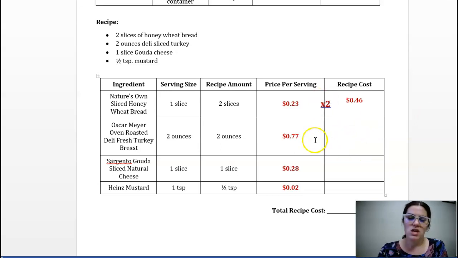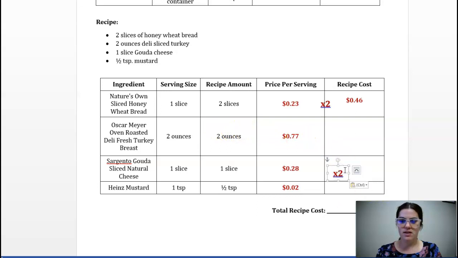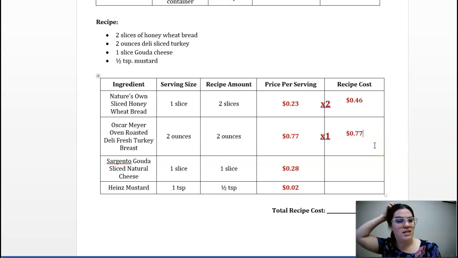Okay, moving on to the turkey breast. Our serving size on the food label was 2 ounces, and in our recipe we're also going to use 2 ounces. So our factor is times 1, which means the recipe cost is 77 cents.